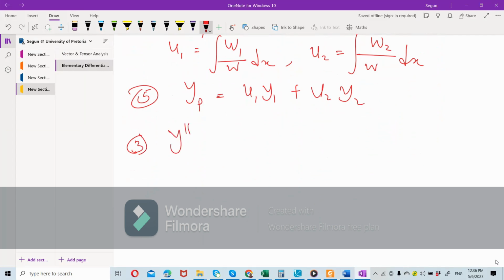Y prime prime plus 3y prime plus 2y equals 1 over 7 plus exponential x. Now you can see the difference from when it is equal to 0.